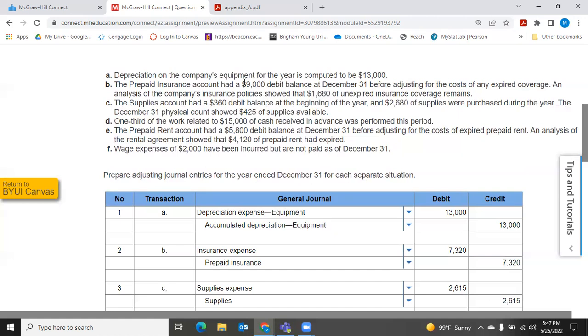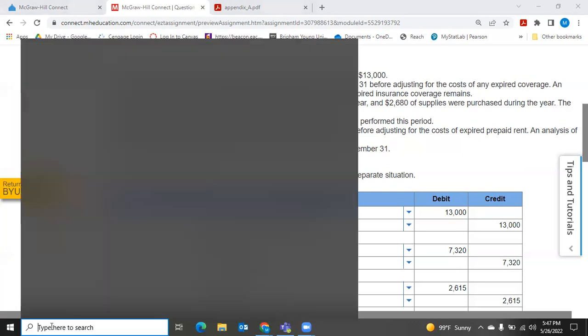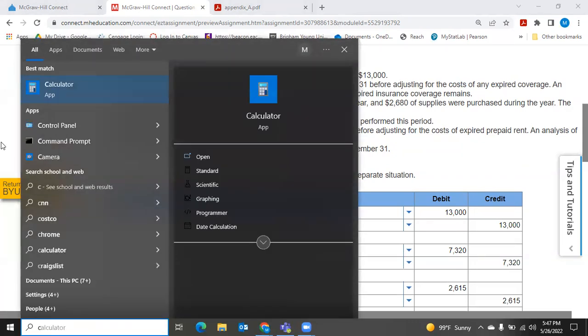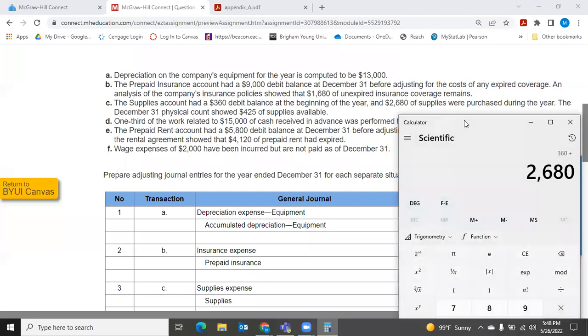C, the supplies account has a $360 debit balance at the beginning of the year. So this one, they're adding another layer for us. We purchased $2,680 worth of supplies during the year. On December 31st, a physical count showed that there's $425 of supplies on hand. In essence, what I have to do here is figure out that I had 360 to begin with, and I purchased 2,680.